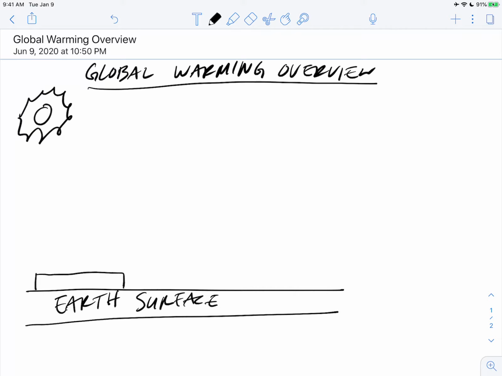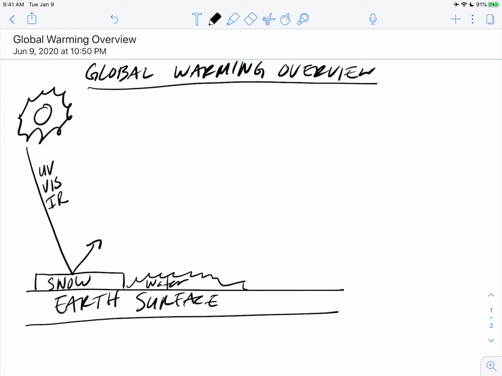On the Earth's surface, we have three different types. We have snow, we have water, and we have land. Each one of these surfaces is going to have different levels of reflection of the radiation. So the radiation is going to come in. This radiation is going to be UV, visible light, and IR, infrared radiation.